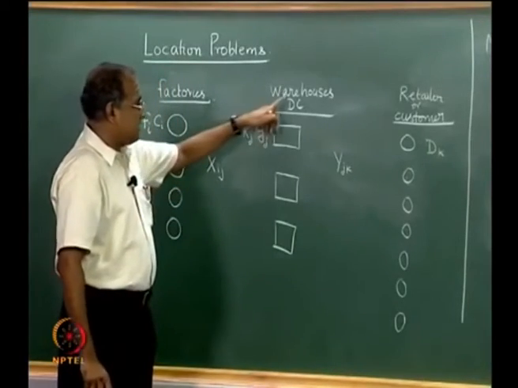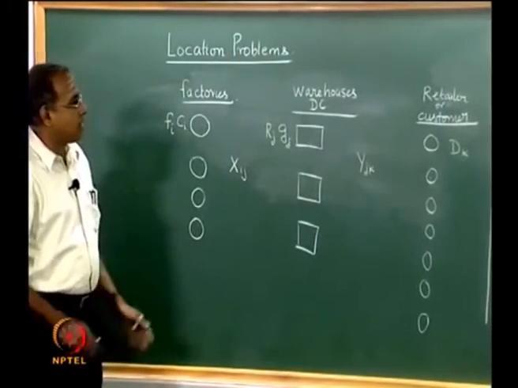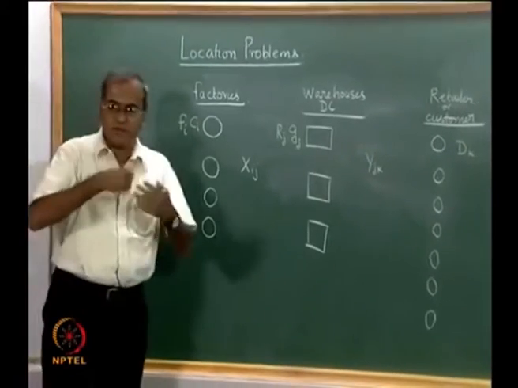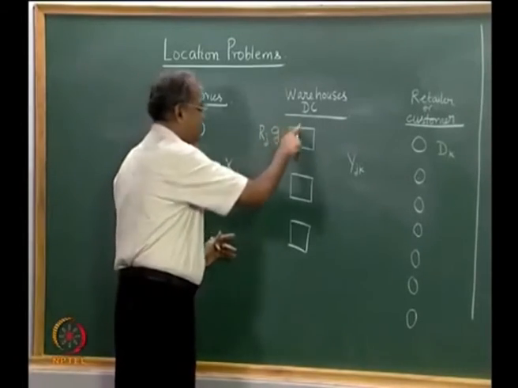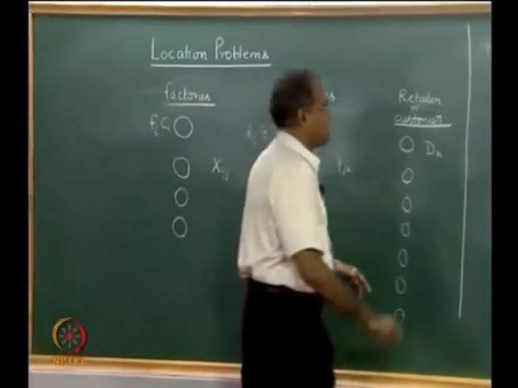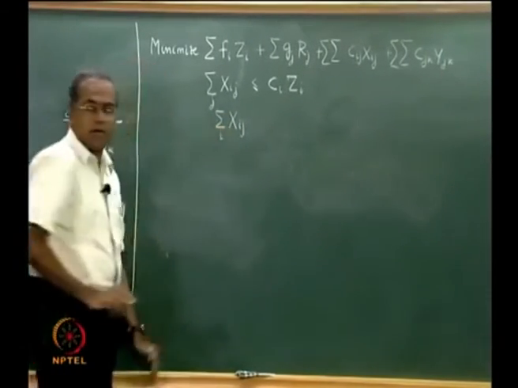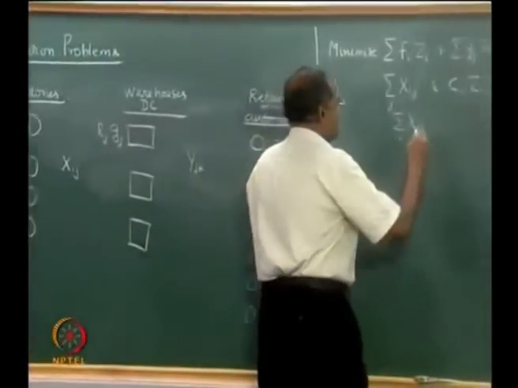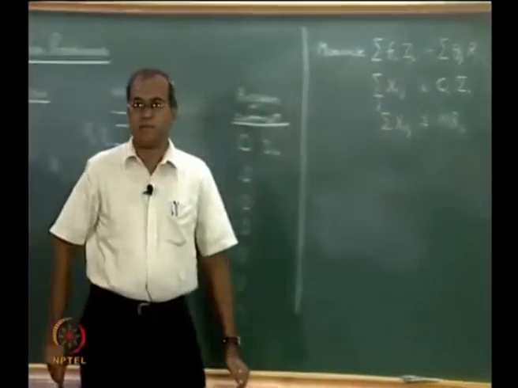Now, as far as these warehouses are concerned, whatever it receives, first two things will have to happen. It can receive some quantity Xij only when the warehouse is opened, otherwise it cannot receive. So, as far as every warehouse is concerned, whatever it receives, Xij summed over I, one way is to write it as less than or equal to big M into Rj.